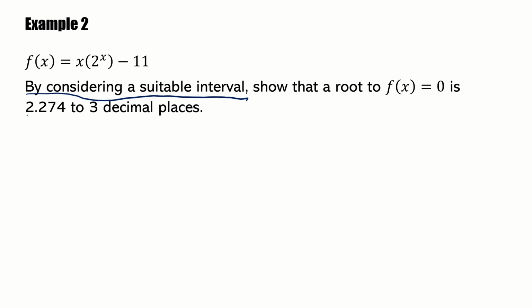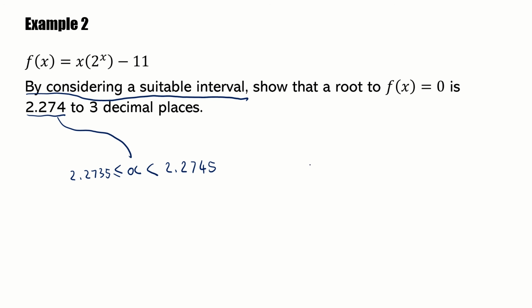So therefore, if we call our root alpha, then we know that alpha must be between 2.2735, because starting that number and going up, numbers start to round to 2.274, all the way until we get to 2.2745, but not including that number technically, because that's when the numbers start to round to 3 decimal places to 2.275.